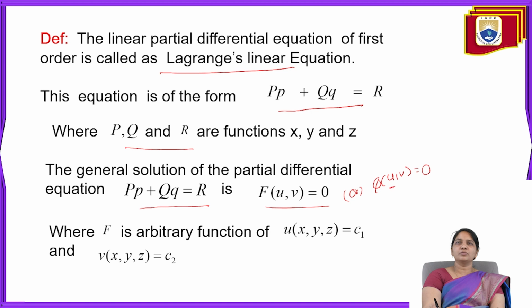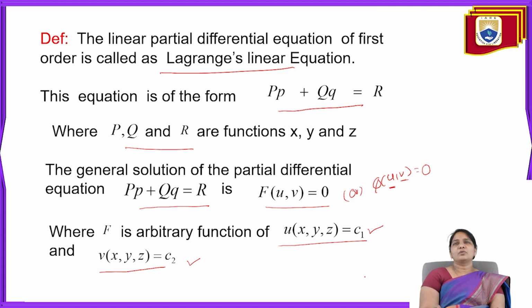Here u is the first solution and v is the second solution, that is u of x, y, z equal to c1 and v of x, y, z equal to c2. So we have to find two solutions here, u and v. After then we can write the final general solution.